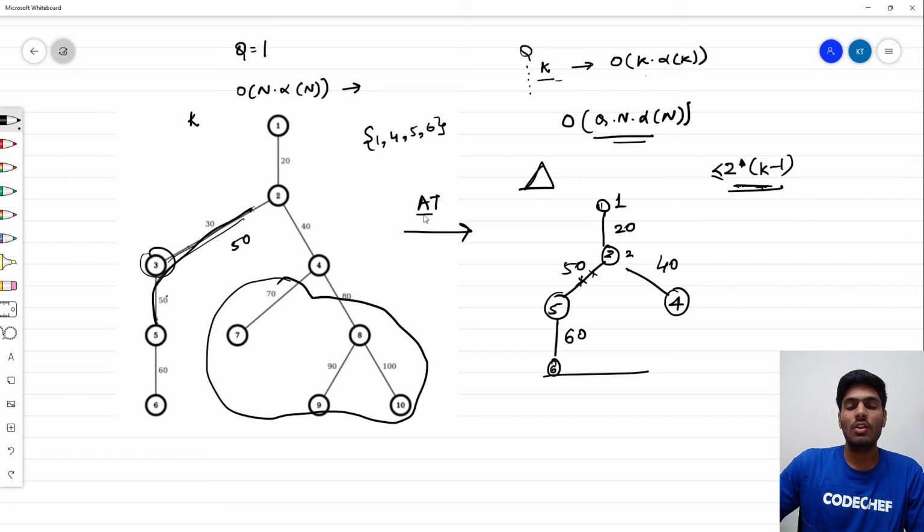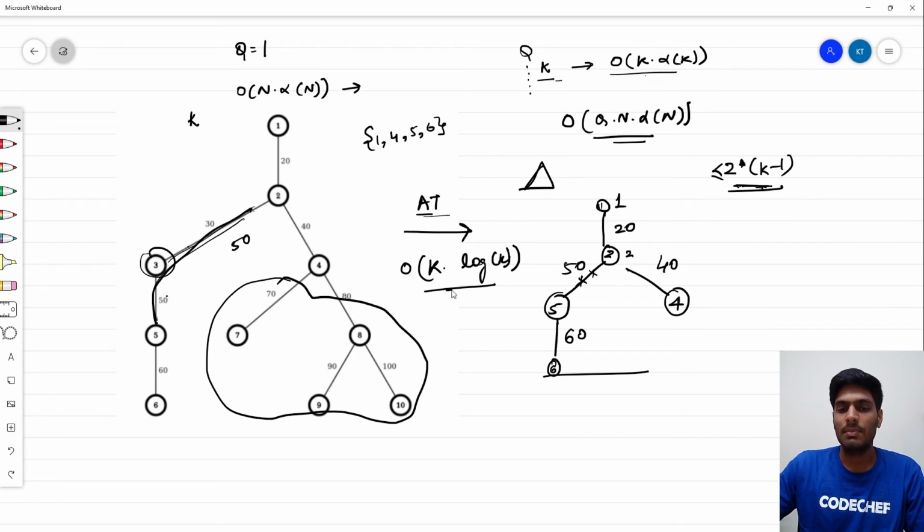Now this construction of the auxiliary tree also takes order of k times log of k. The final time complexity would be this summed up with this. It will end up being this itself since this is less than this. Now after that, for all queries, it will take a sum of this. So we can see that we can complete one query in O n times log of n.